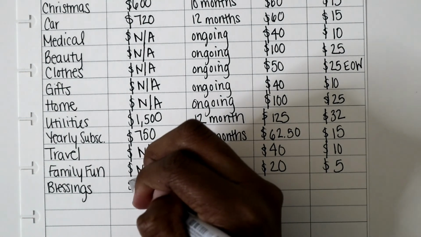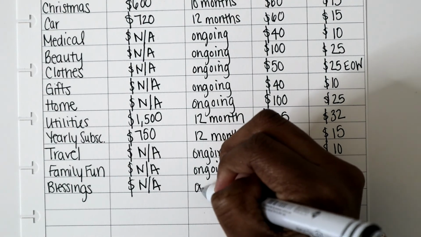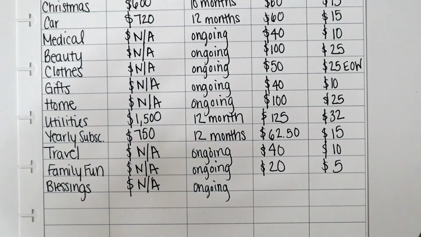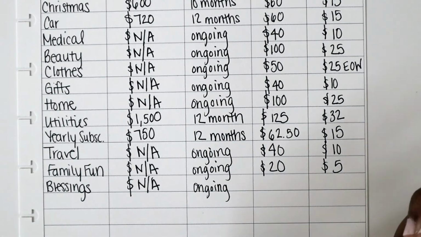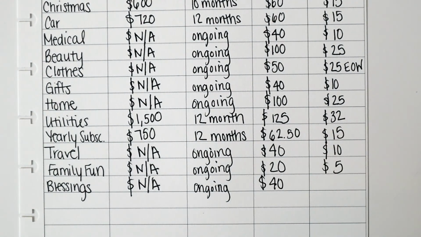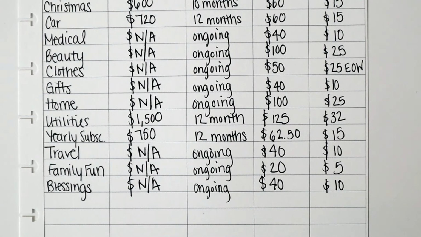So there's no specific goal for this sinking fund, and it's going to be ongoing. So if there's a month that we don't use our blessing fund, again, it'll just keep accruing month to month, and then we can take that money out when we need it to be a blessing to someone else. We're going to be putting $40 a month in that sinking fund, which would equal $10 a week.